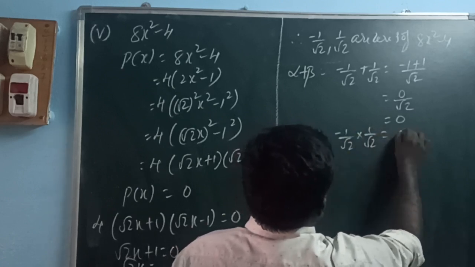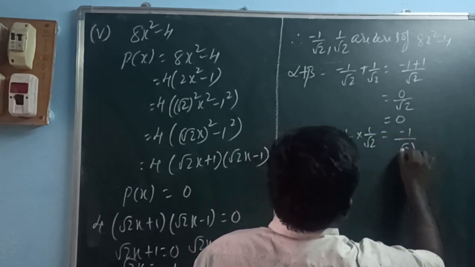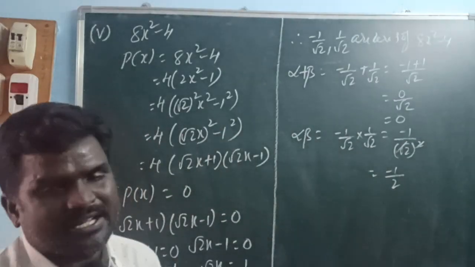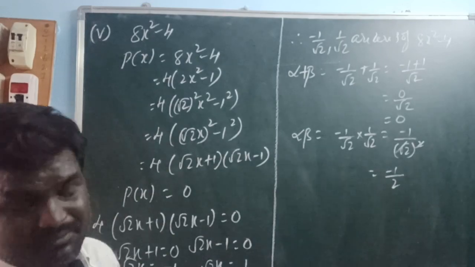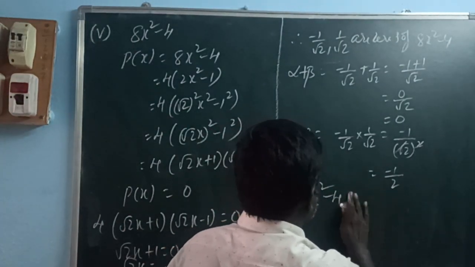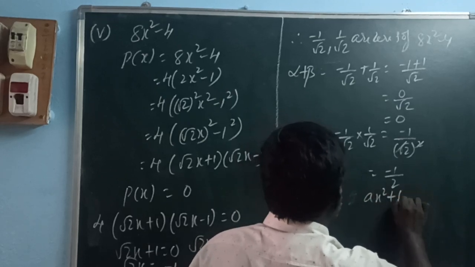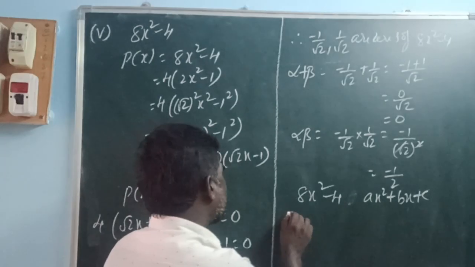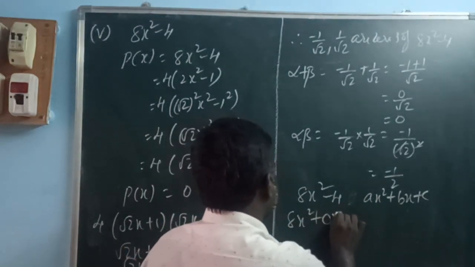Next, alpha into beta, that is minus 1 by root 2 into 1 by root 2. Minus 1 into 1, minus 1, root 2 into root 2 whole square, square root cancels, that is minus 1 by 2. So the polynomial you can compare with ax square plus bx plus c. So here 8x square minus 4 you can compare with ax square plus bx plus c. But in the given quadratic polynomial there is no x coefficient. So here we can write as 8x square plus 0x minus 4.